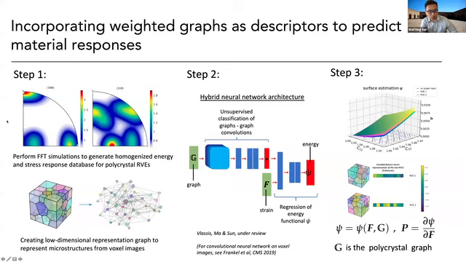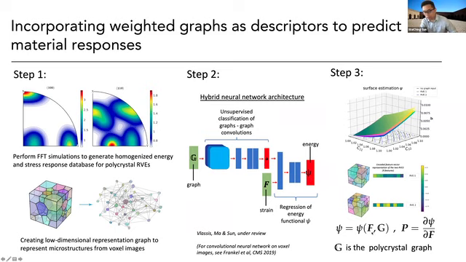We run a lot of FFT simulations for different microstructures that have a corresponding graph, and we process the graph with unsupervised learning to generate a low-dimensional descriptor. Using this as an input, in addition to the strain measure, we predict kinematic measurements or energy.